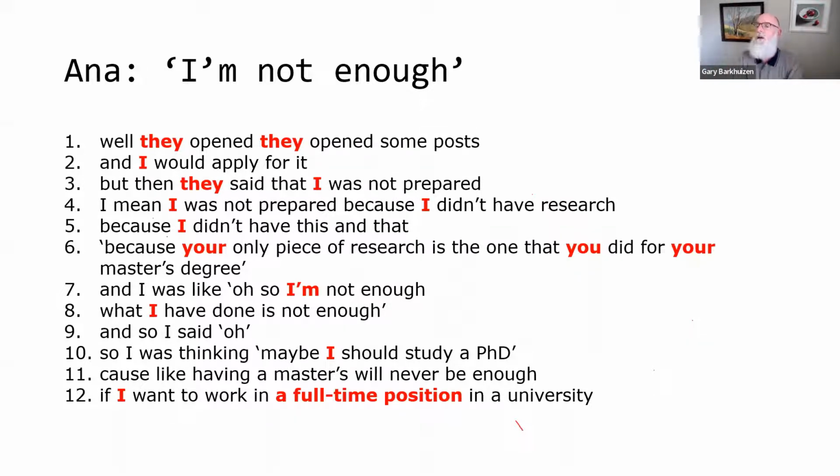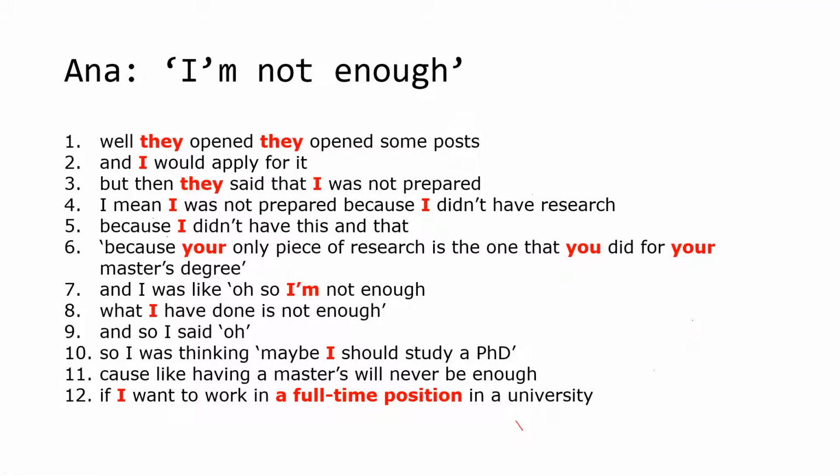She tells the story where they advertised some university jobs at this university. She says, well, they opened some posts and I wanted to apply. She wanted to apply for it. And then they said that I was not prepared. So just have a look at the words in red.